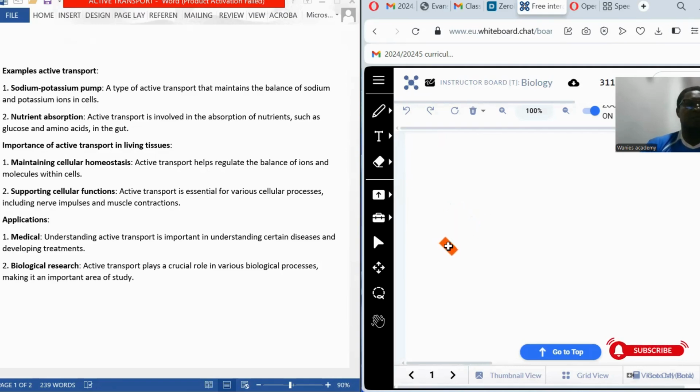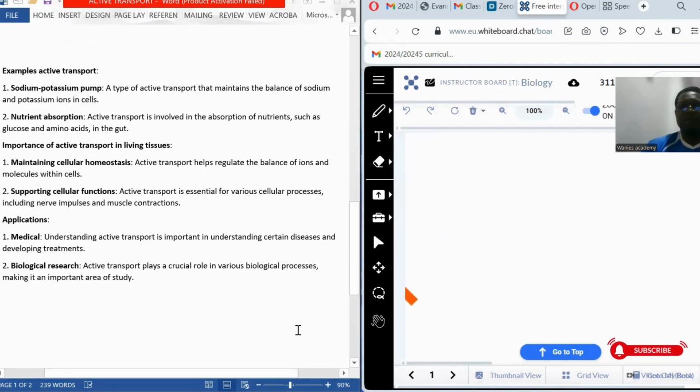It also involves the support of cellular function, where some processes are carried out in the cells, including nerve impulses that I explained earlier and muscle contraction. Nerve impulses involve the movement of electrical stimulus or impulses, which is a result of active transport.